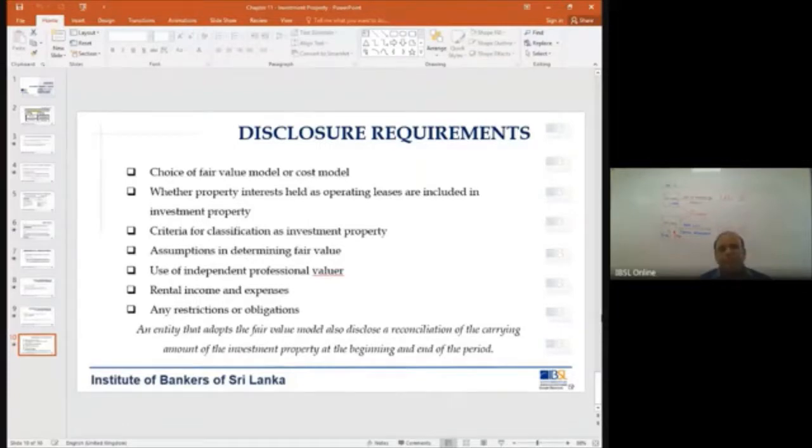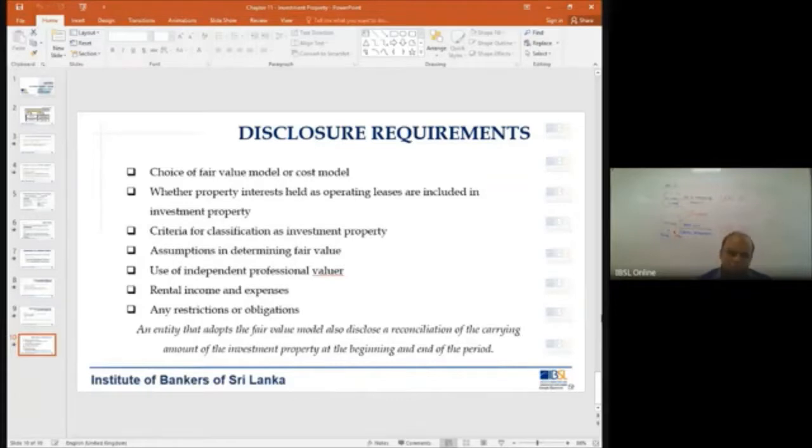And then any assumptions that you have made in determining the fair value, use of independent professional valuers, because you have to go to a professional valuer and that valuer has to be certified by the Central Bank of Sri Lanka. So all those are there where you have to provide. Then if you have rented out this property, you have to show the rental income and related expenses.